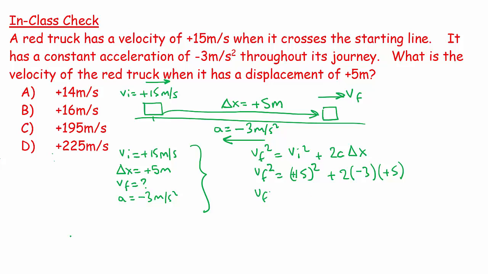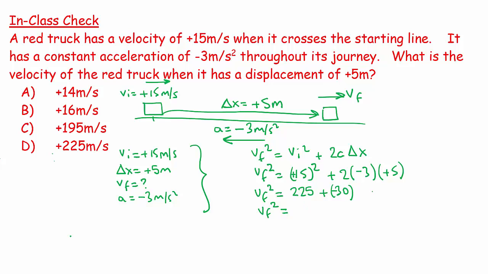So VF squared is equal to 150 plus 75 is 225. Hope I did that right. Plus, going to be minus 2 3s are 6, times 5 is 30. So VF squared would equal 225 minus 30.